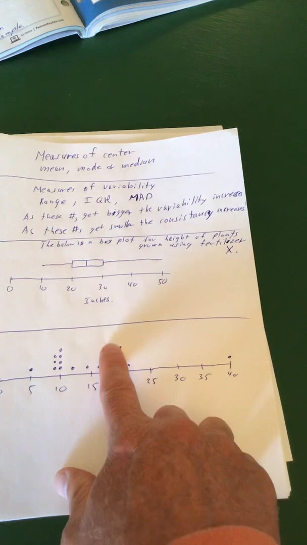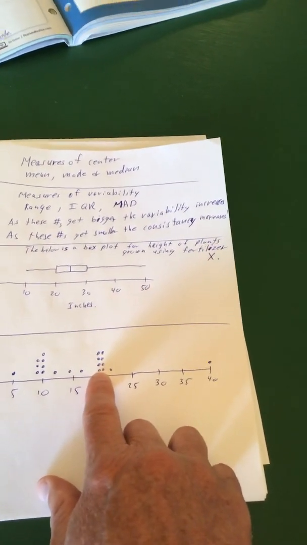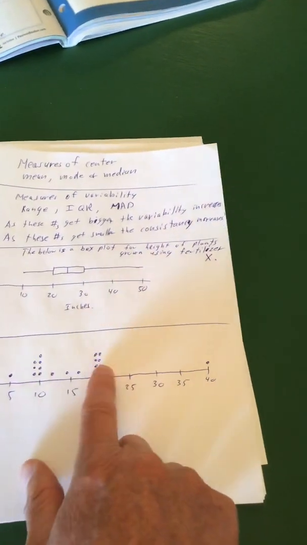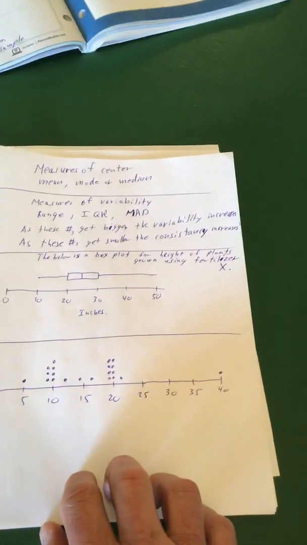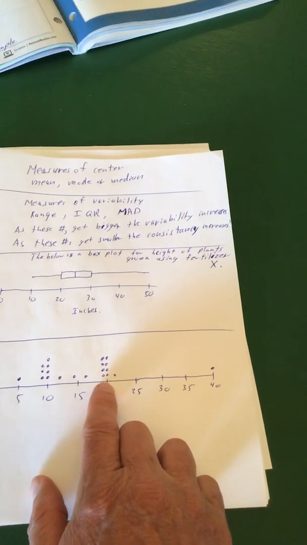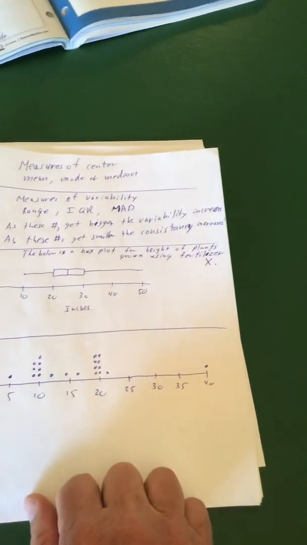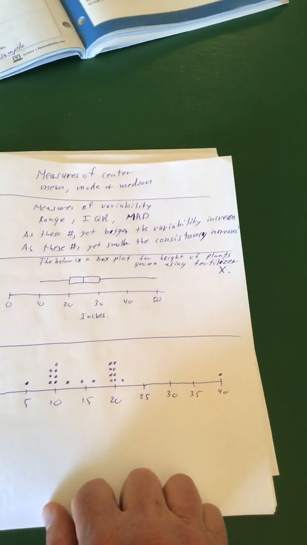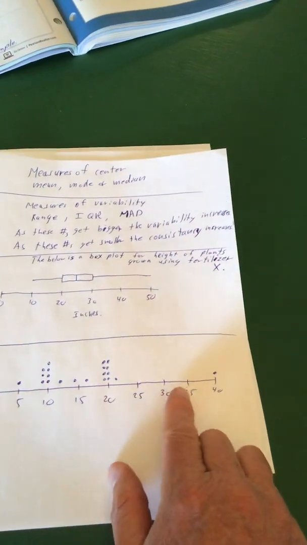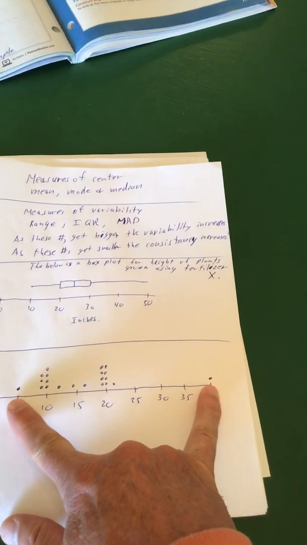And then at 19 and 20, I have a cluster again of about 8 numbers. This is a bimodal distribution. It has 2 peaks. Now you could talk about the mode. The mode is 10, 19, and 20. Isn't that your mode? You could say the min is 5 and the max is 40. You could say the range is 35.